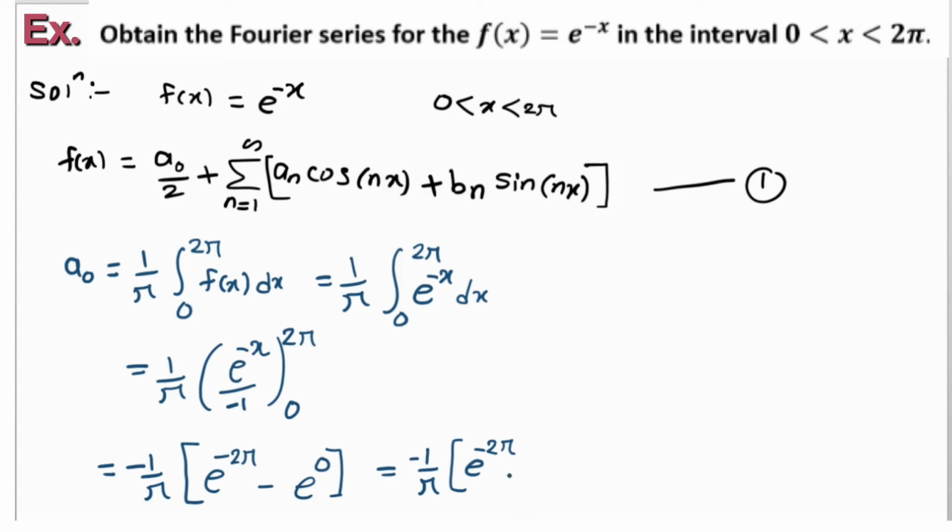So e raised to the power 0 is 1. Therefore I will just multiply this minus sign inside the bracket. So it is 1 minus e raised to the power minus 2 pi, divided by pi. So this is the value of our constant a0.